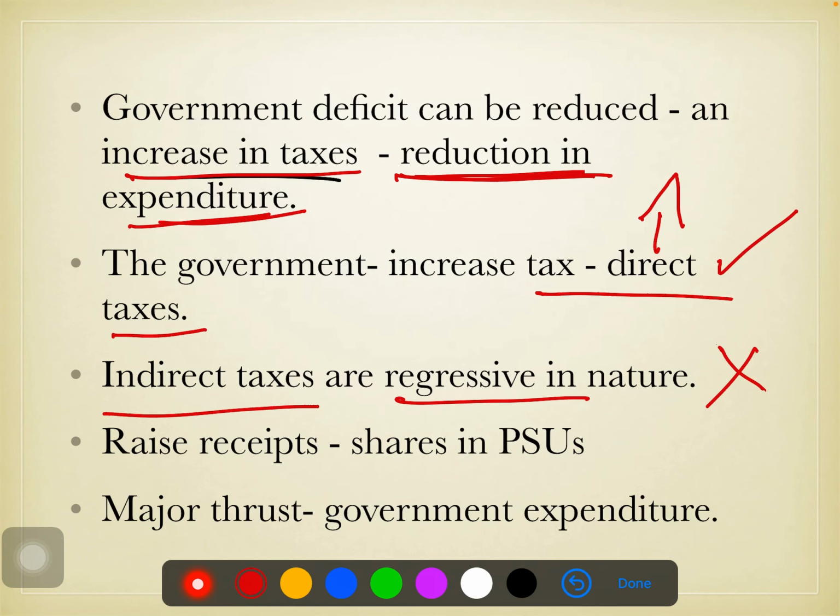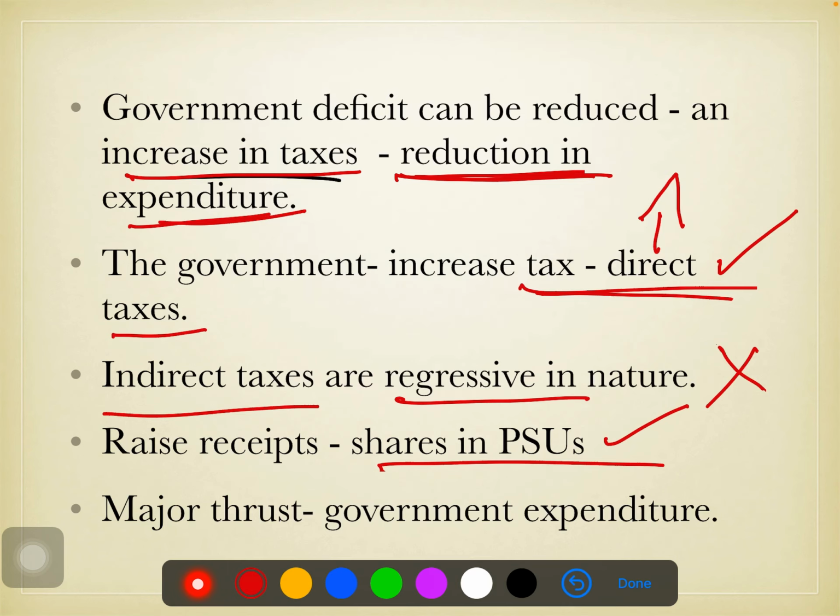One more thing we can do is, there has also been an attempt to raise receipts through the sale of shares of PSUs. Direct tax is one way to increase revenue sources for the government, and the second way is selling the shares of the PSUs. What is a PSU? Public sector undertakings.